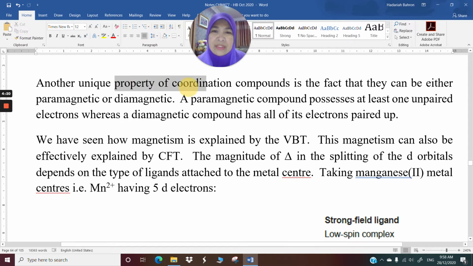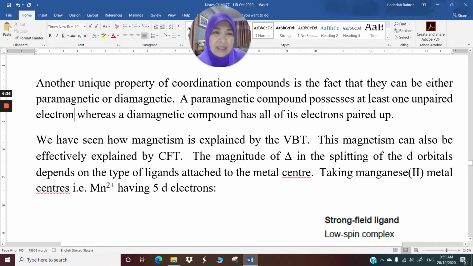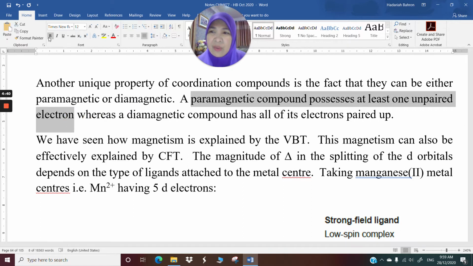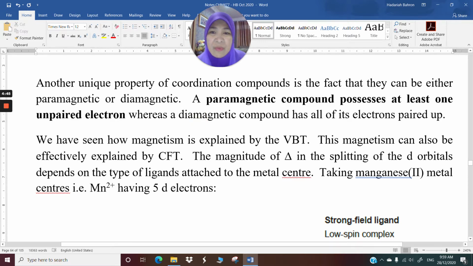A unique property of coordination compounds is the fact that they can either be paramagnetic or diamagnetic. Now, a paramagnetic compound possesses at least 1 unpaired electron, whereas a diamagnetic compound will not have any unpaired electrons.